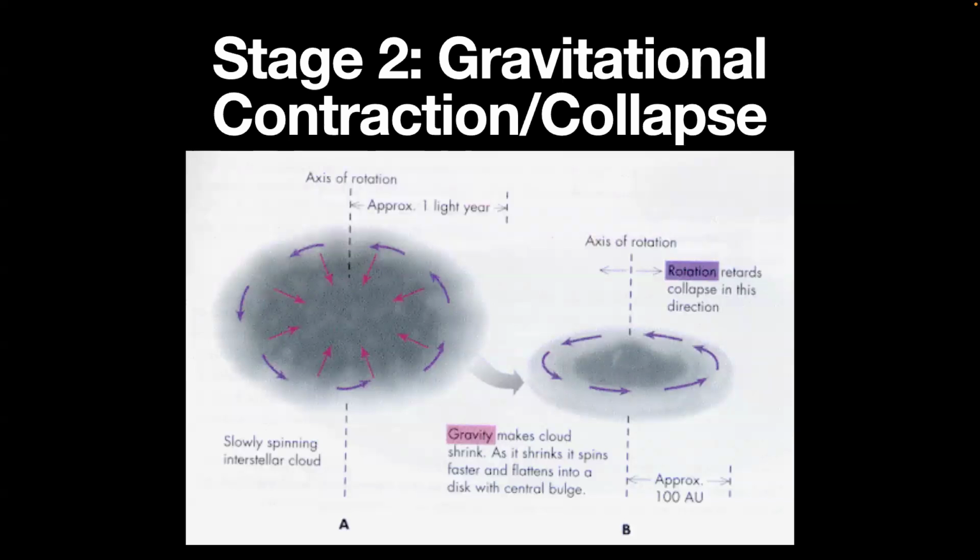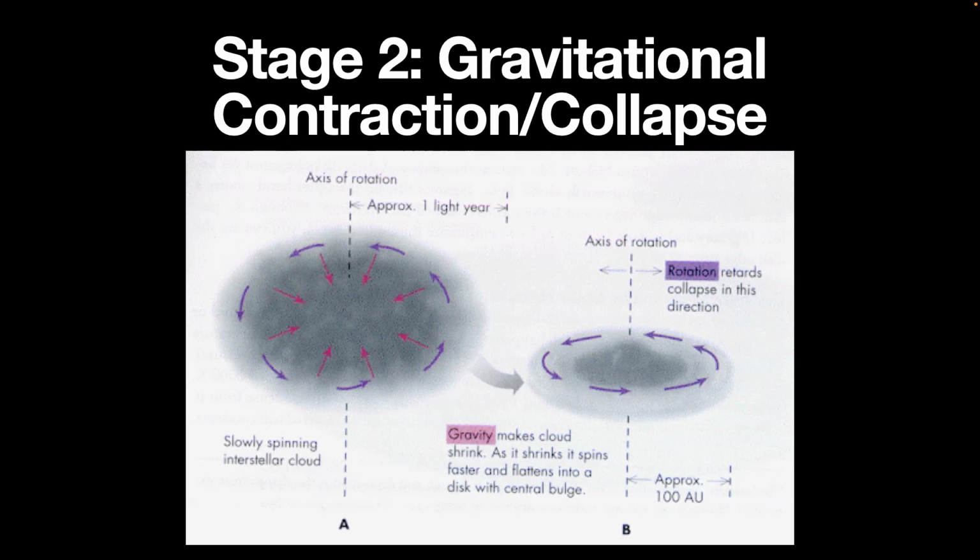So temperature and mass are very important because these are the two things that will lead to the second phase, which is gravitational contraction or gravitational collapse. So we have this cloud out in space and it is slowly rotating. It's not just really sitting there still, it's got a little twist to it.